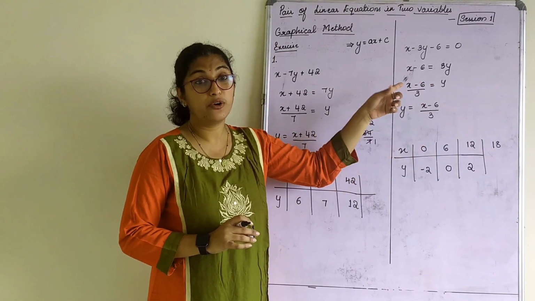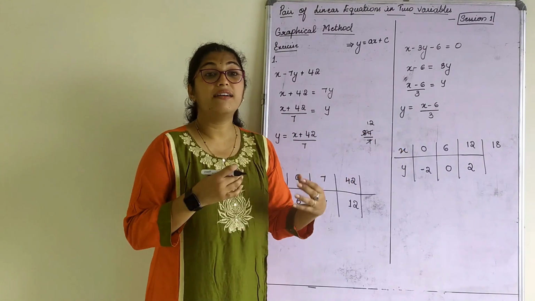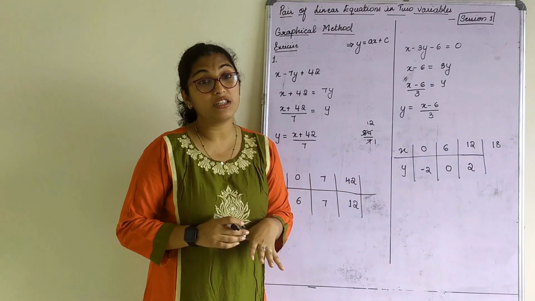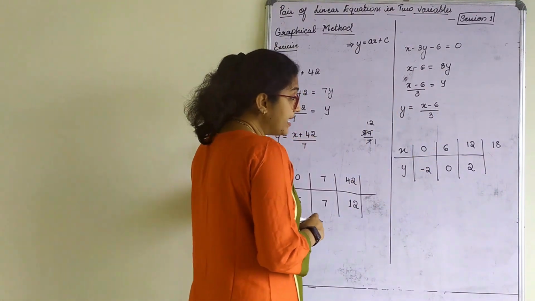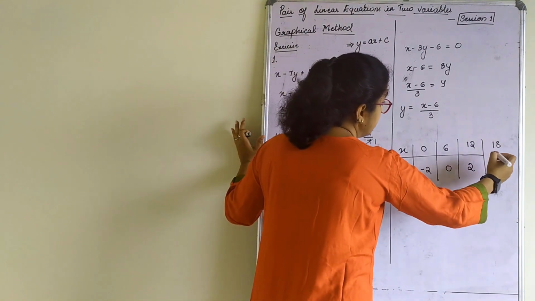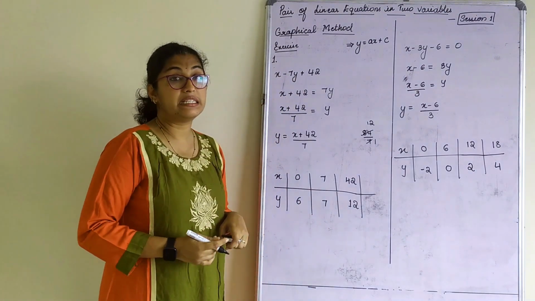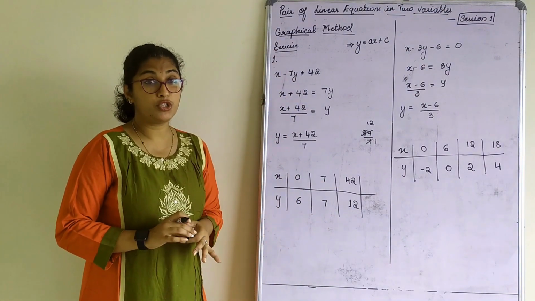I'll give 13, 14, 15, 16, 17. And the number after subtracting should be divisible by 3. I'm looking for such numbers. The example I'll give is 18. So 18 minus 6 divisible by 3? Yes. 18 minus 6 is 12. 12 by 3 is 4. So these values you have got.